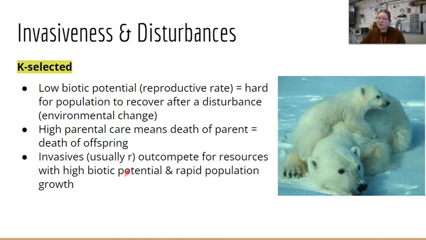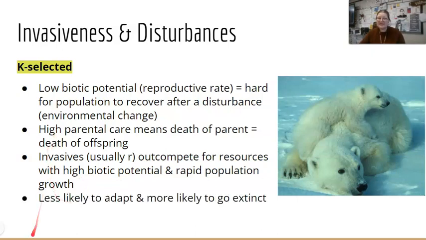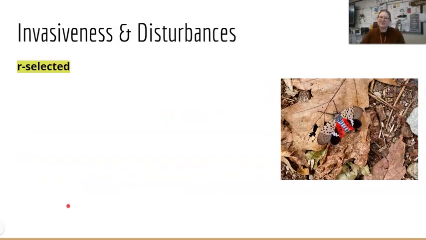Invasives usually outcompete for resources with high biotic potential and rapid population growth. They're able to outcompete for resources because there's usually so many of them. K-selected species are less likely to adapt and more likely to go extinct, just like our specialists.